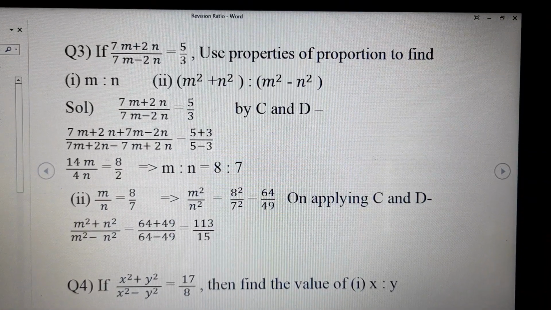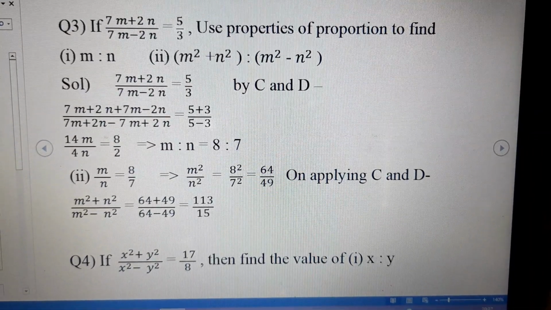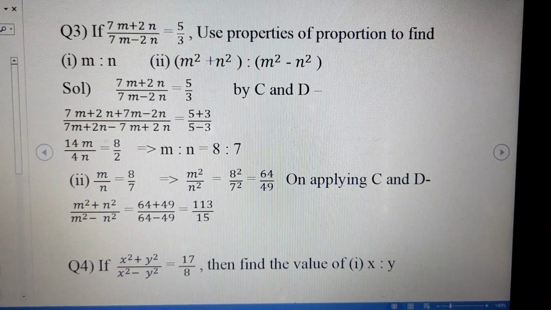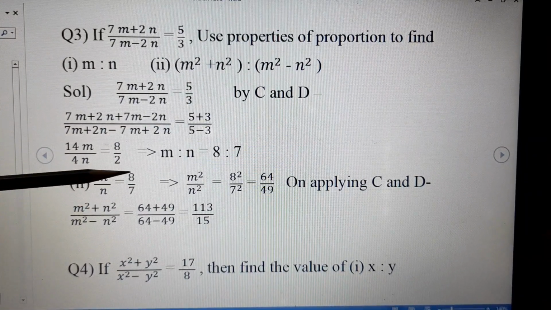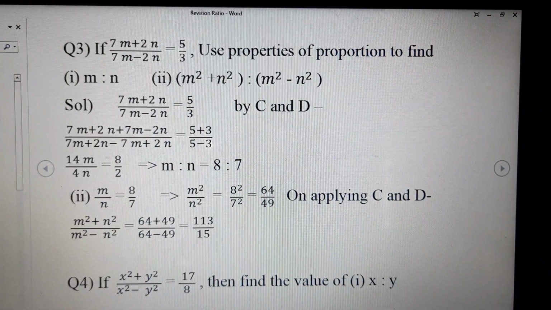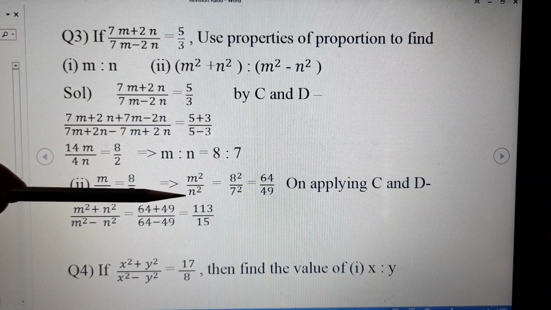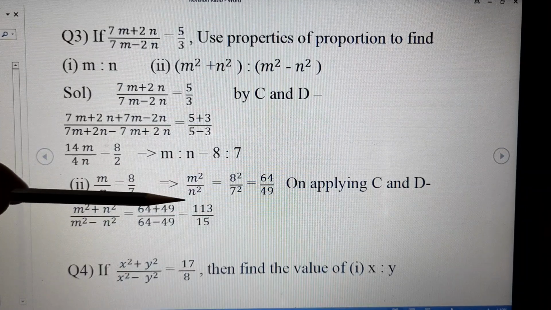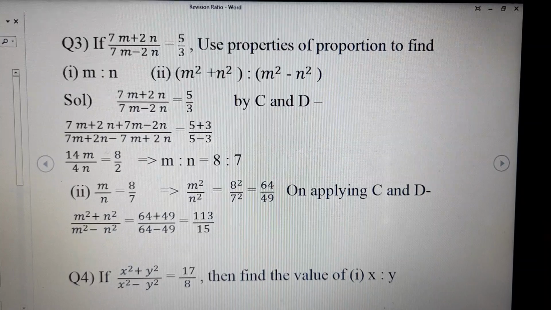In the second part, we are supposed to find out the value of m square plus n square upon m square minus n square. It means if we have a ratio over here, on squaring both the sides, what will happen? m square upon n square is equal to 8 square upon 7 square. That means 64 upon 49. Now at this step, if we apply componendo and dividendo, then it becomes m square plus n square divided by m square minus n square.